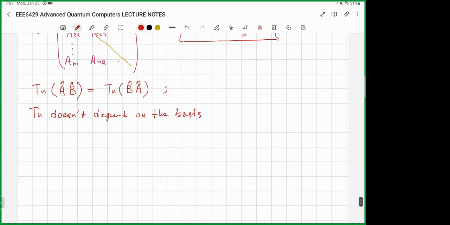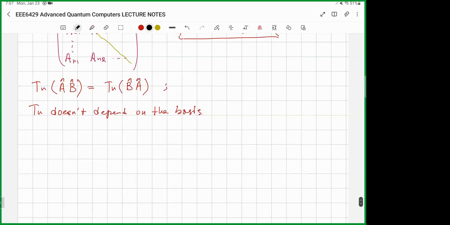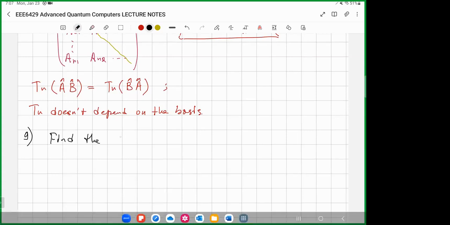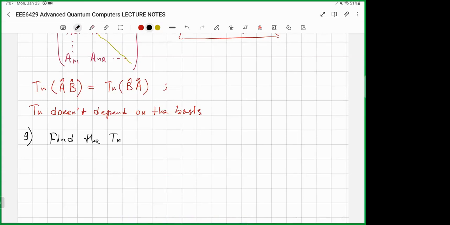And now let's consider this problem 9. Find the trace of matrix A, which is 13, 0, 3i, i, 0, 6, 8, 4.